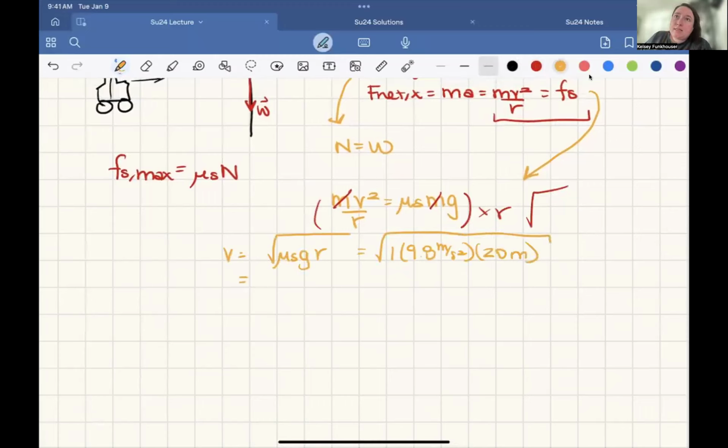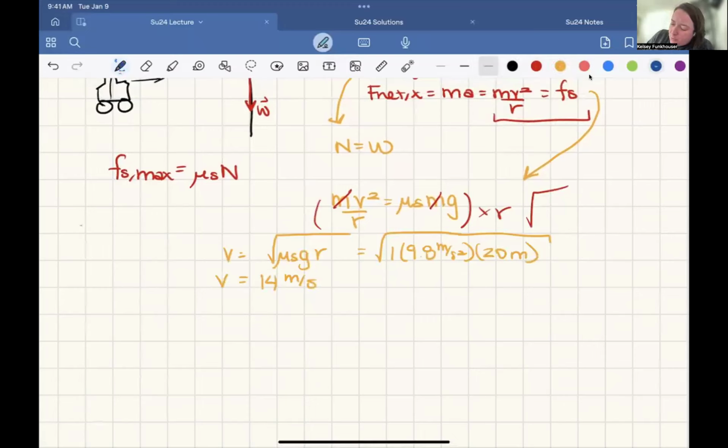So this is 14 meters per second for the velocity. And yeah, one second. So one other thing we can do, because in general, physics is lived in meters per second, but our lives as people who live in America is lived in miles per hour.